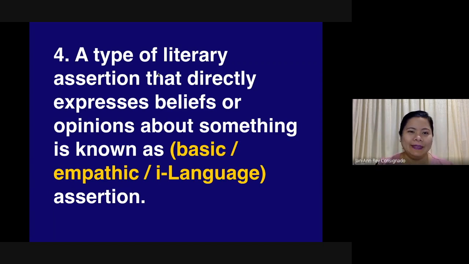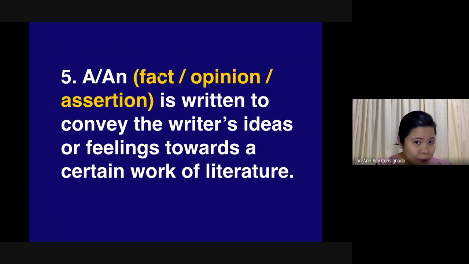Go ahead. Number 5, a or an, fact, opinion, or assertion is written to convey the writer's ideas or feelings towards a certain work of literature. I'll repeat number 5.